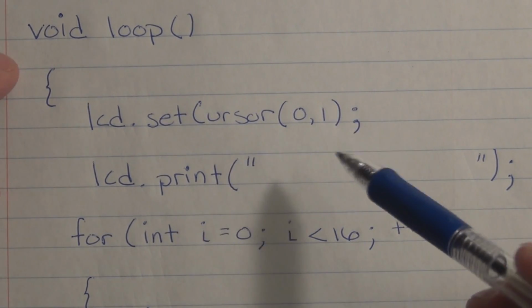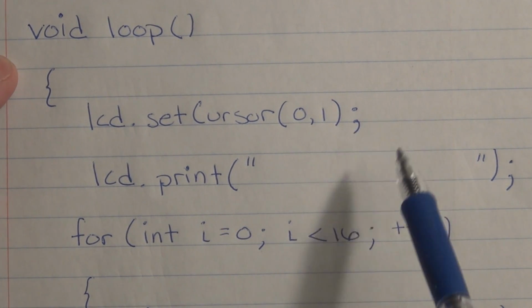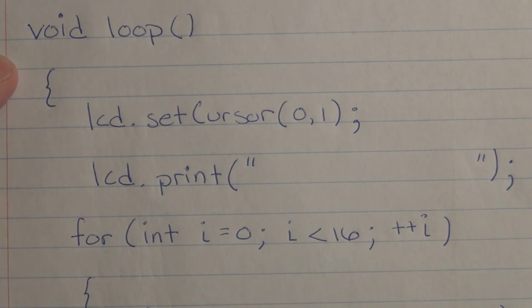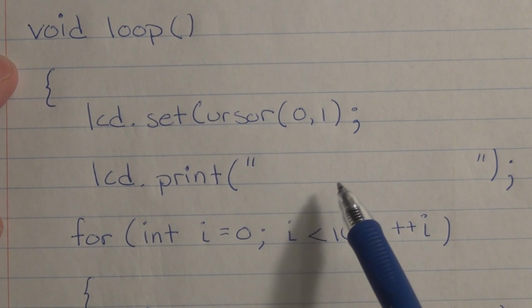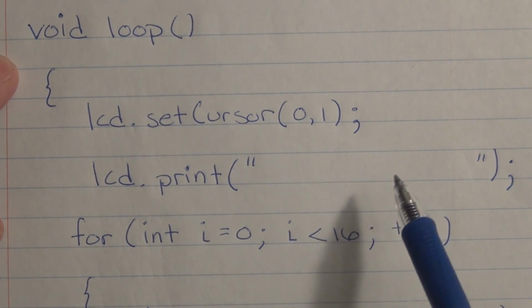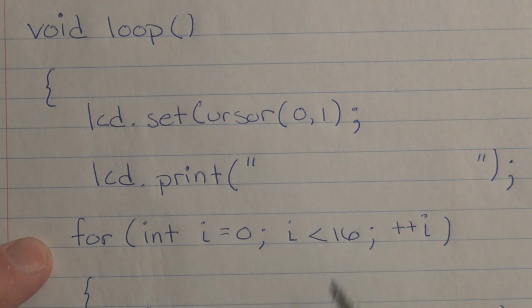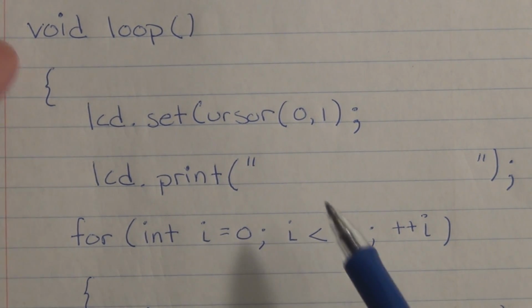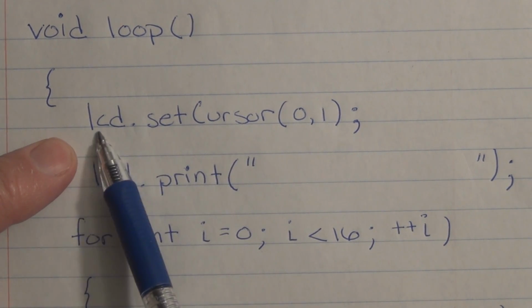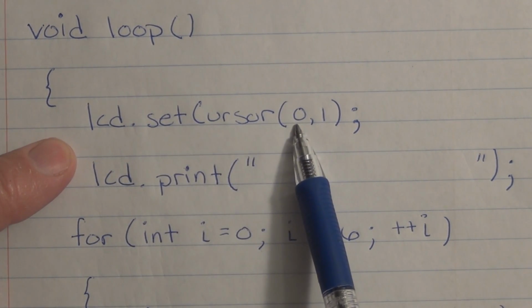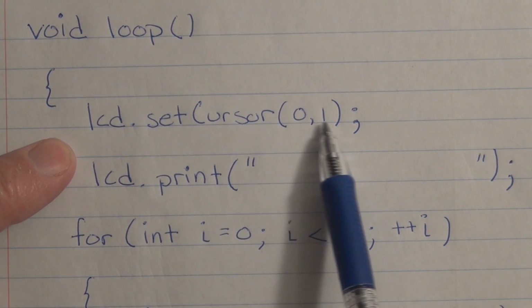So here's the core of how we achieve that effect, the progressing bar graph. We have a loop, and then we have for statements nested within a for statement. So now we have to take the cursor and move it down to position 0, 1.